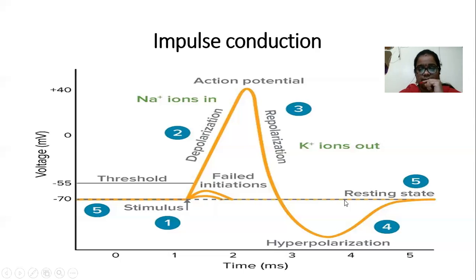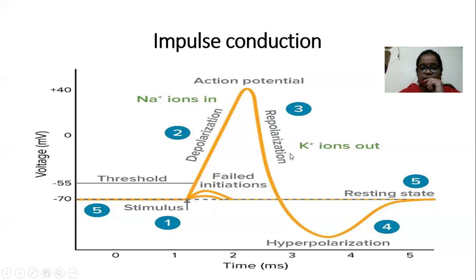So potassium ions move out of the cell, and slowly repolarization occurs. In the depolarization state there is inactivation of the potassium channel; in the repolarization stage there is inactivation of the sodium channel and activation of potassium channels.